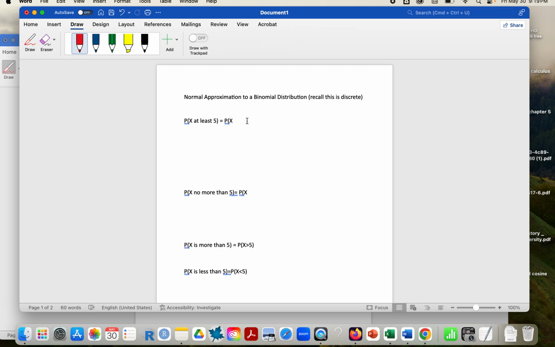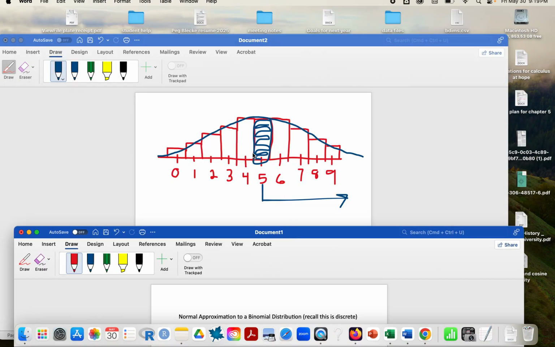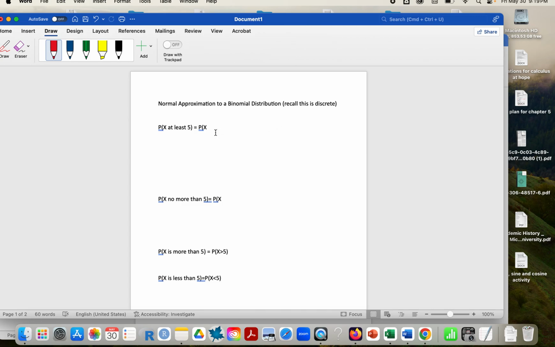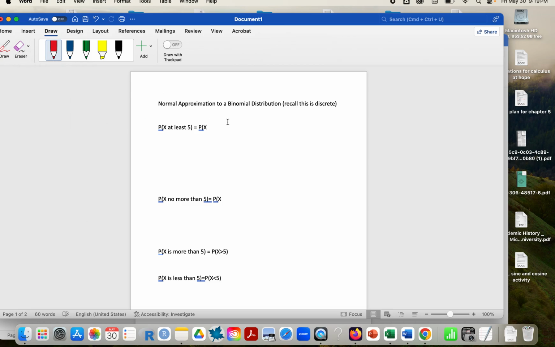So I'm going to travel back over here, and what I really need to do is capture all of that rectangle, so I'm going to start at 4.5 and go off to infinity. So if I say at least 5, I'm going to put in here greater than or equal to 4.5.